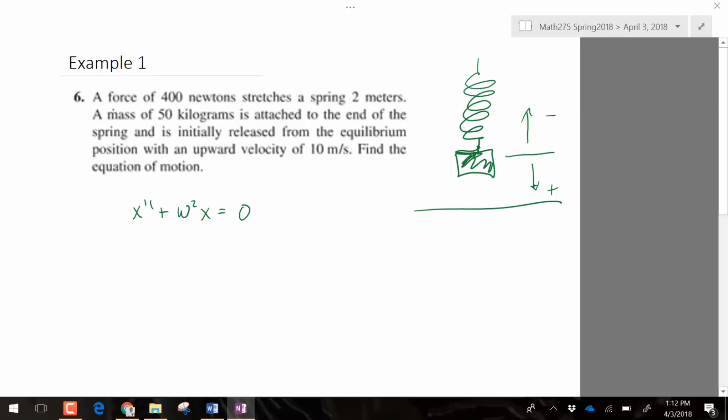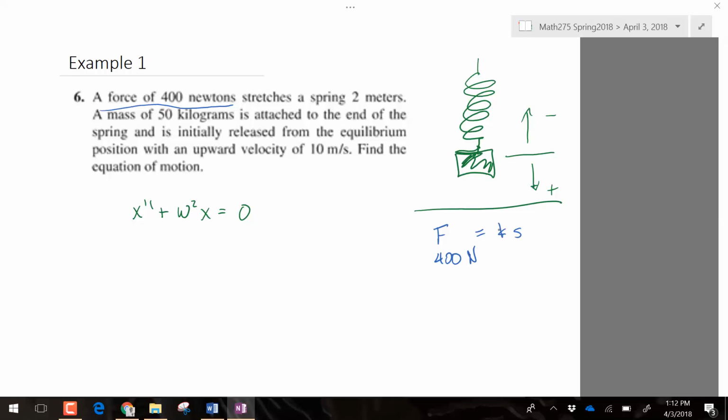Based on this information, a force of 400 newtons is going to stretch the spring 2 meters. So force, according to Hooke's law, is equal to some constant times the offset.